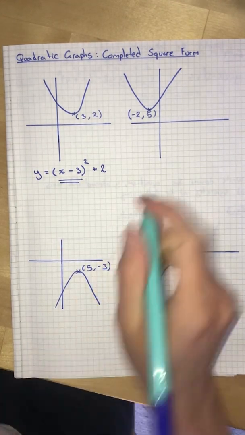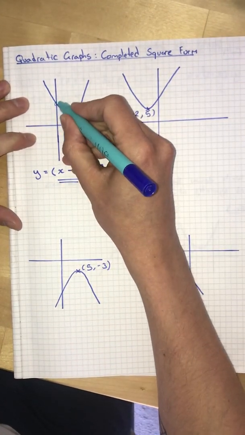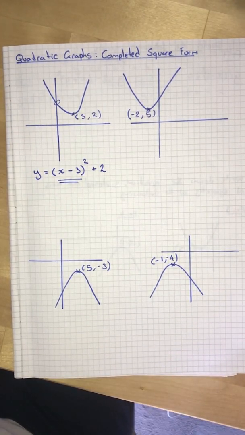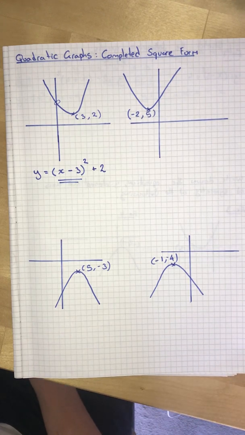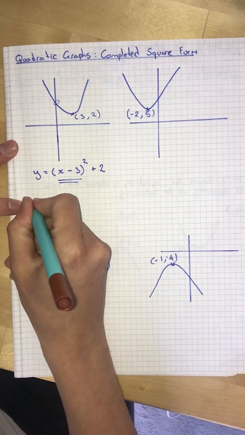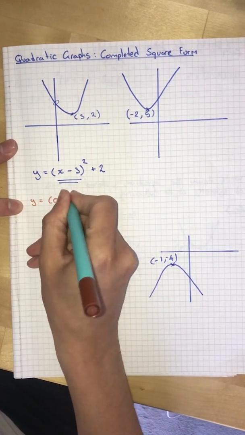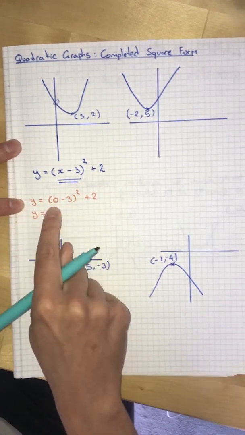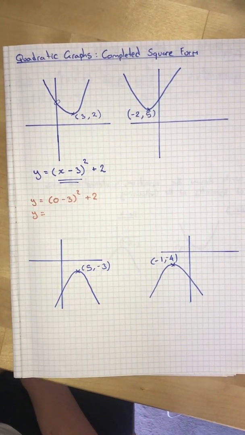So, last thing we need to get is the y-intercept. And if you remember from when we were sketching them way back in that video, to find a y-intercept, you let x equal 0 because it's on the y-axis. Zero minus 3 is -3.